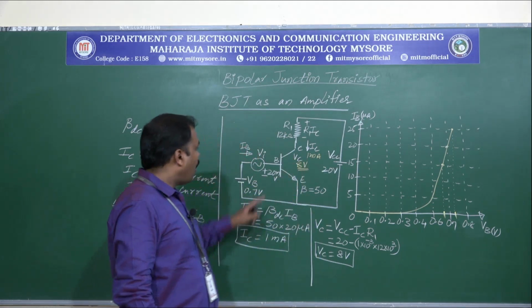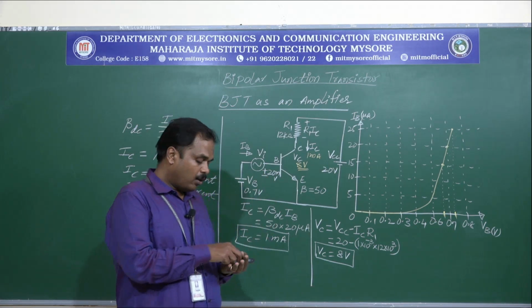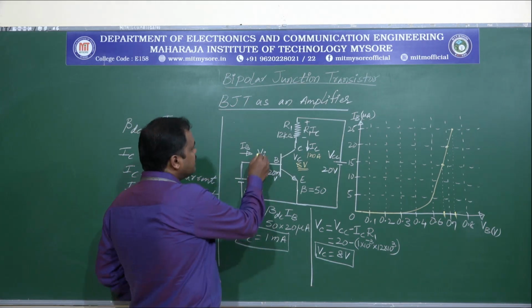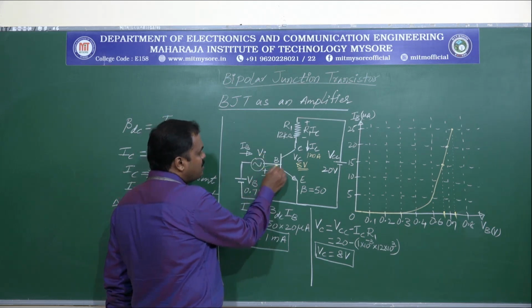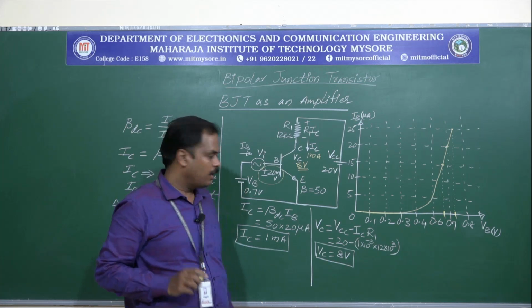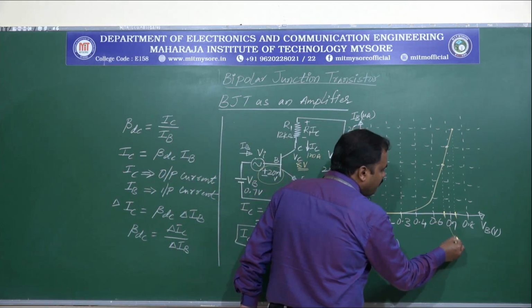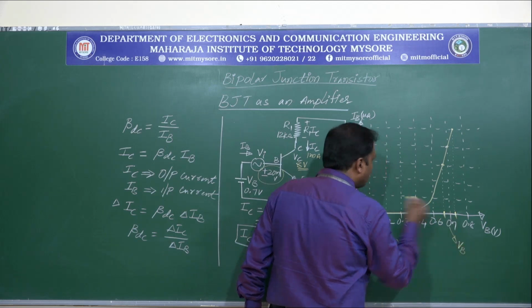Now to understand how a BJT is going to work as a voltage amplifier, we'll consider this VI, which is varying by 20 millivolts. Let us consider this as VB.